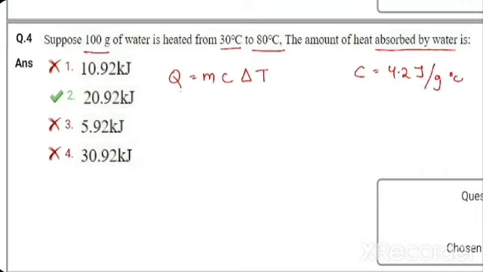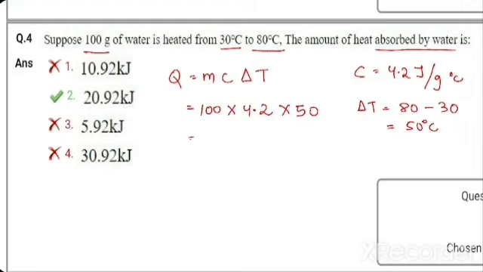So here mass is given as 100 gram, c is 4.2, and delta T is 80 minus 30, that is 50 degree Celsius.